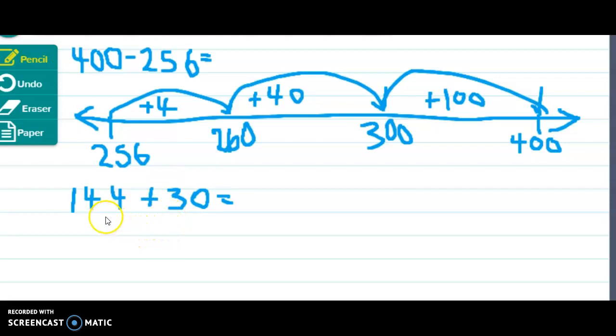So I'll just wait a second before I add my hundreds. So I'm going to add 40 plus 30 equals 70.